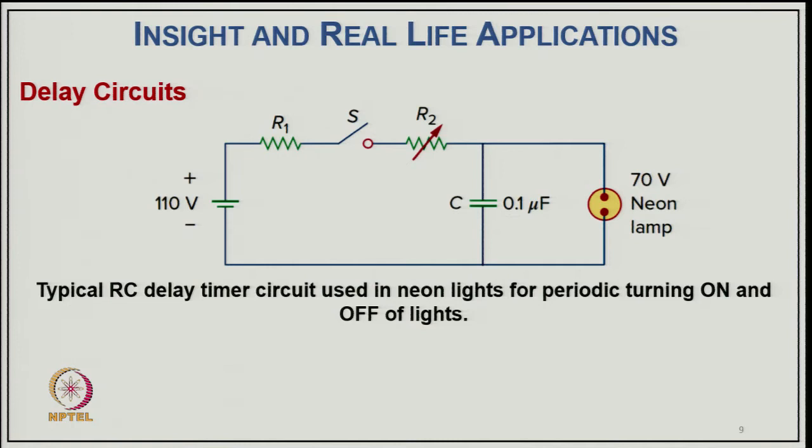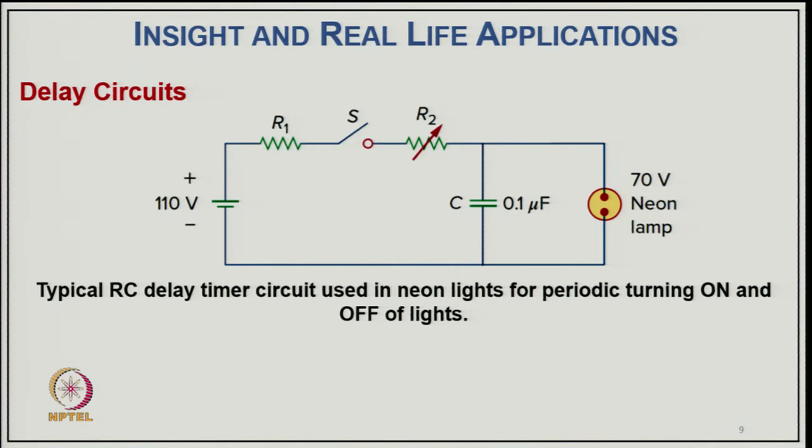In this circuit when we close the switch, the capacitor gets charged, and once it is charged to higher than about 70 volt, the neon lamp starts glowing. Then we open the switch and the capacitor gets discharged across the neon lamp. That is the basic principle of operation of this RC circuit for the purpose of delay.